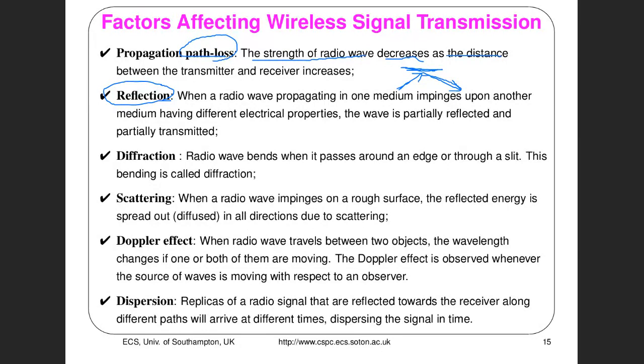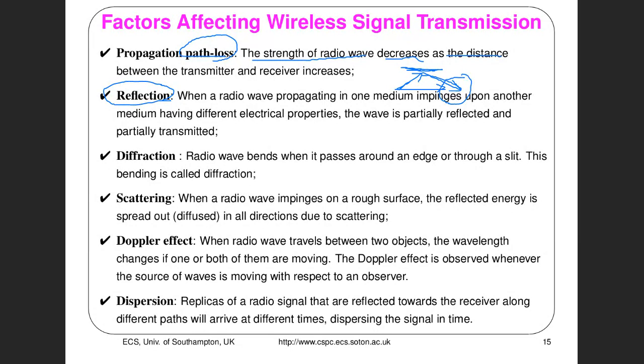This path is longer than direct path. So traveling over the reflected path would take more time, so it will cause a delay, and also it will cause a phase change. This is important because at the receiver, different paths will be added together.